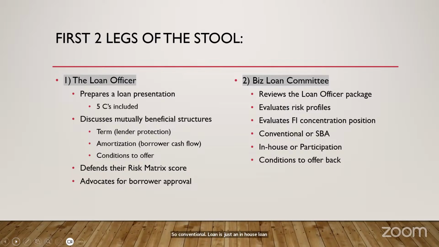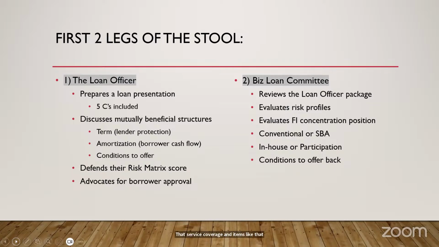The SBA loan is if it needs a little bit more risk mitigation. So SBA is good for startup businesses. It's also good for growing businesses that might have a little bit of a shortfall of collateral, or a shortfall on debt service coverage ratio and items like that.